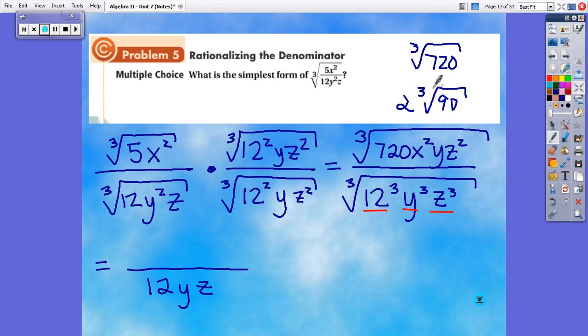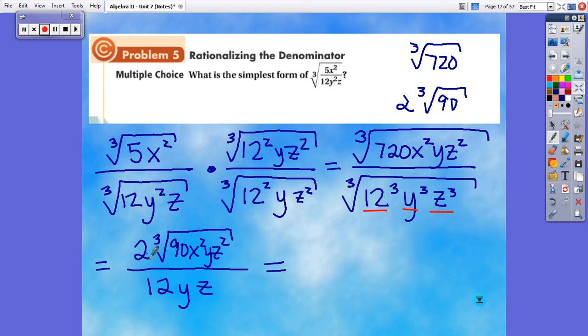So I'm going to take this and replace it here. And I'm going to do 2 cubed root of 90 times x squared y z squared. And there's nothing else that I can pull out underneath my radical here.